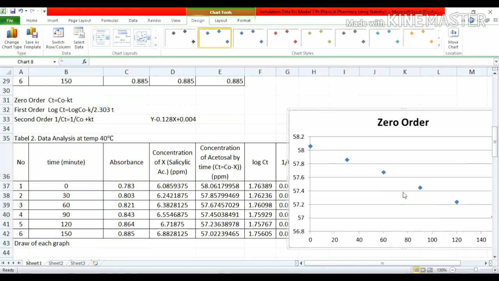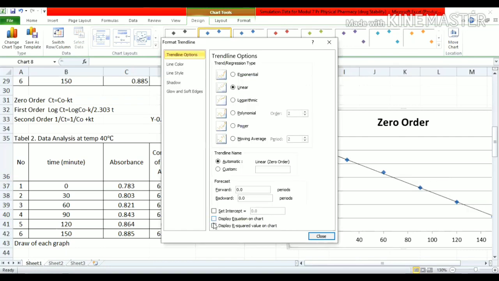And this is the equation and also the linearity, as you can see here. Maybe we can make the graph smaller. Okay, so this is for the zero order.